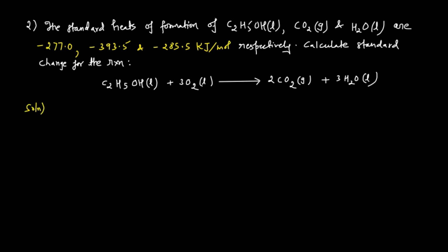So your delta H for the reaction would be equal to what? You see, products are your carbon dioxide and water, and you know 2 moles of carbon dioxide are present here. So you will multiply the value of the standard heat of formation of carbon dioxide with 2.